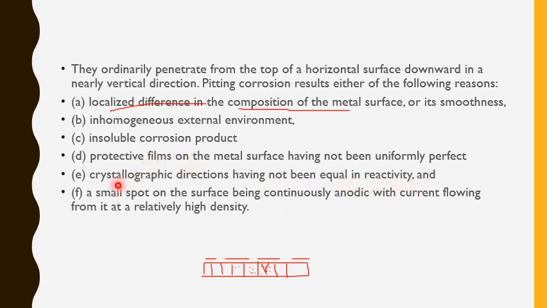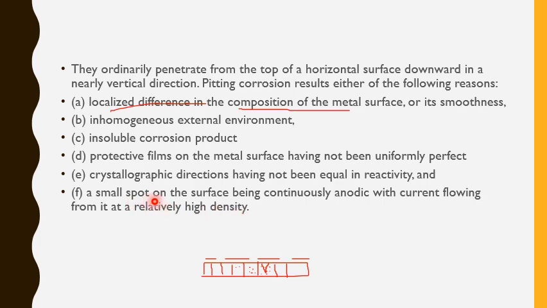Certain crystallographic directions can be easily corroded. At the places where there are such crystallographic directions which are easily corroded, corrosion pits will be formed. A small spot on the surface being continuously anodic with current flowing from it at relatively high density.